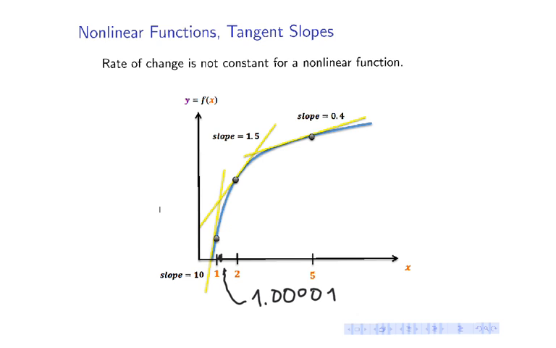When we look at the function at two values of x that are very, very close, such as 1 and 1.001, we can determine what the corresponding y points are. And using those two y points, we can figure out what the slope of a line that runs through both of those points would be. And that's our tangent slope.